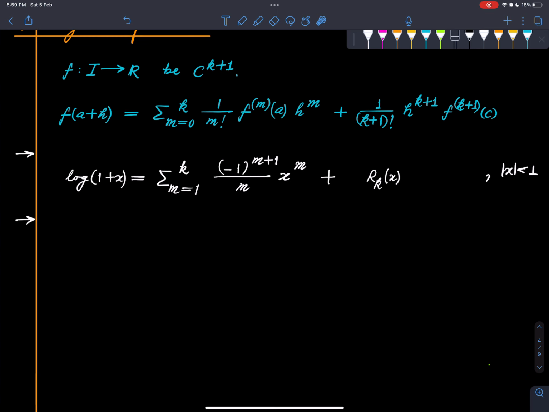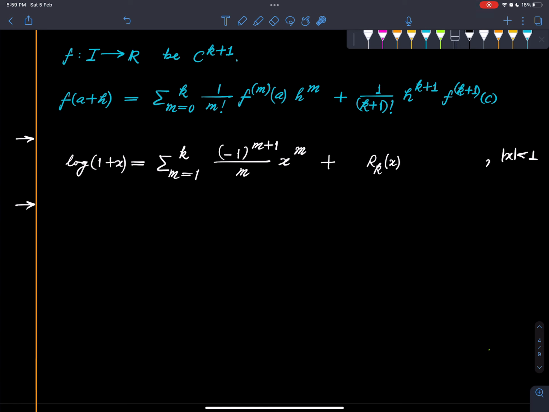And now one may guess that maybe this is the power series for log x. Just like the exponential function is given by a power series, perhaps the log function is also given by a power series. So let's see if the power series that is motivated by this expression converges or not.